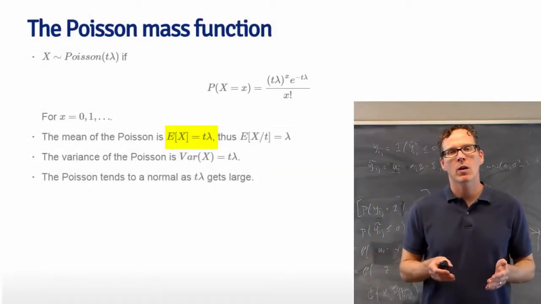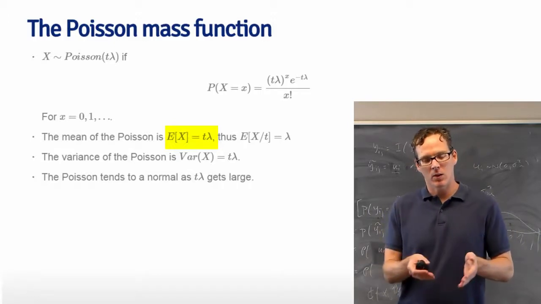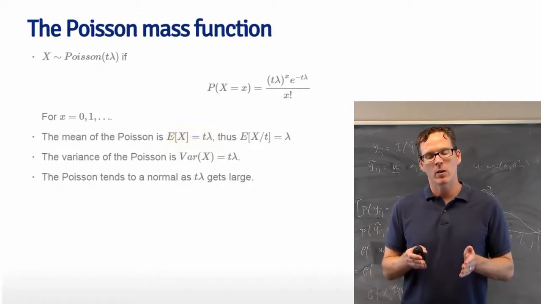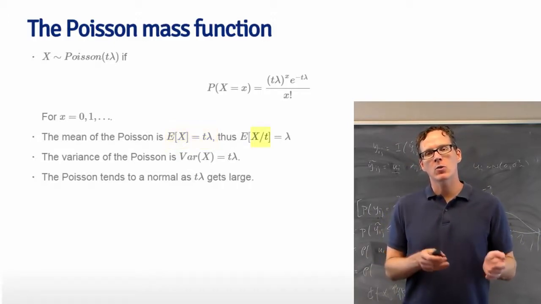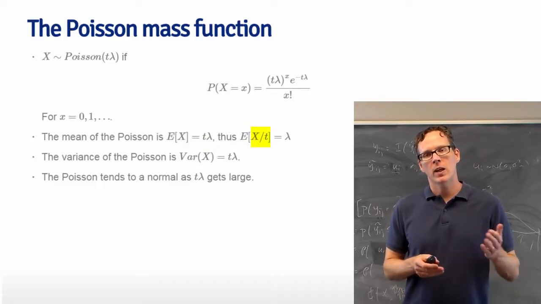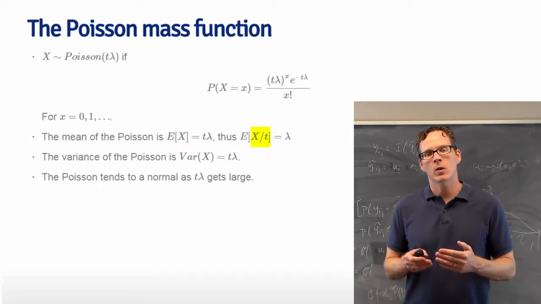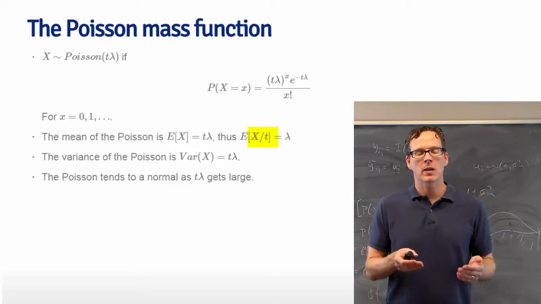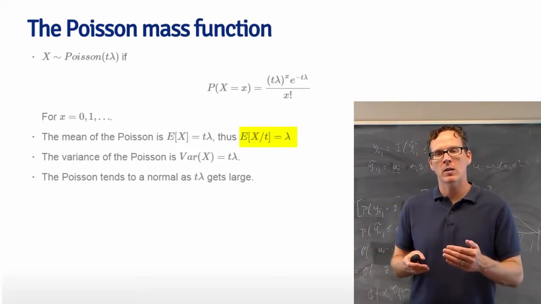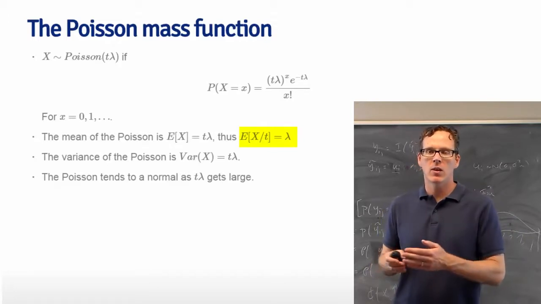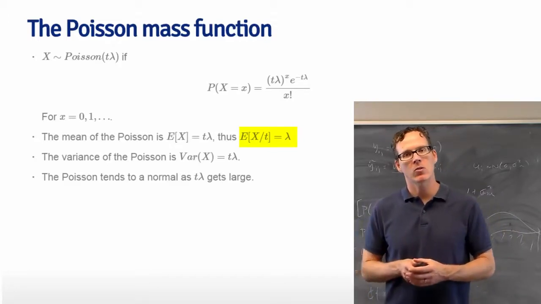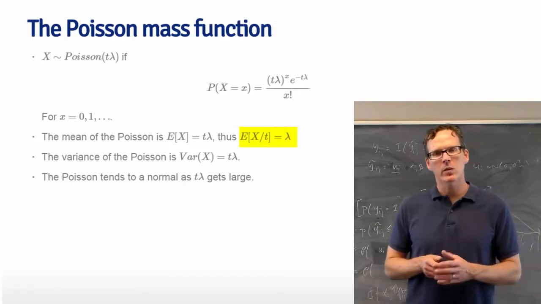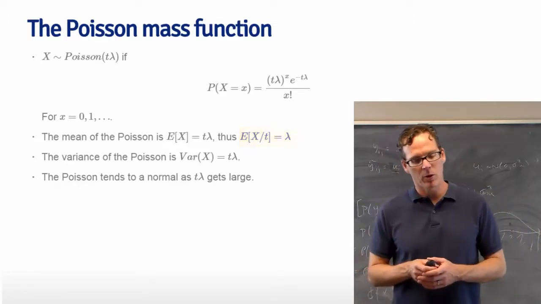So our natural estimate of the rate would be the count over the total time, so x over t. And it's nice to know in this case that the expected value of x over t, the expected value of our rate estimate, is exactly lambda, the rate that we would like to estimate. So that's a useful property associated with the Poisson.